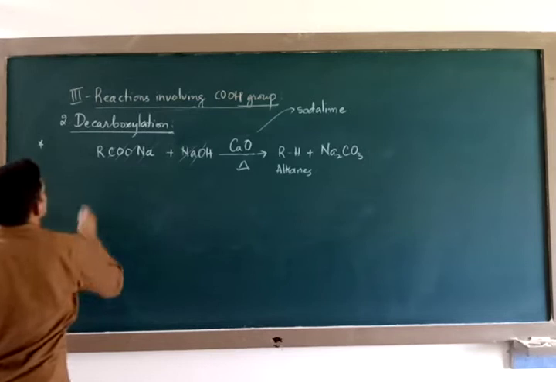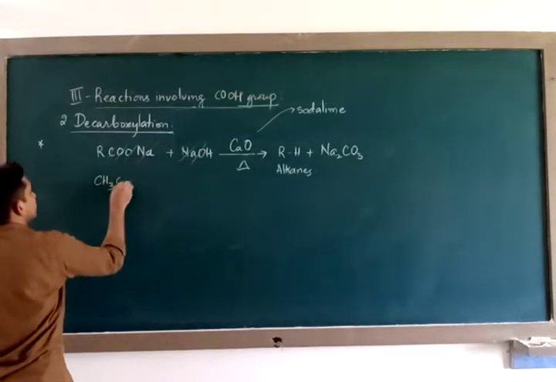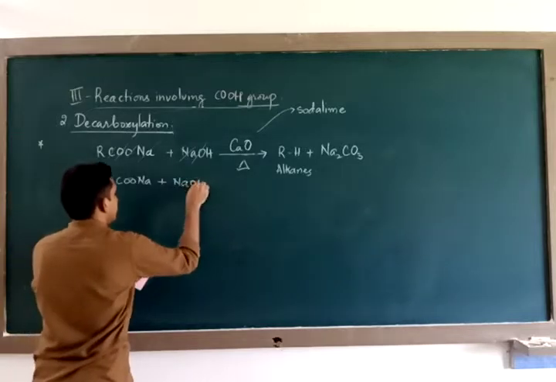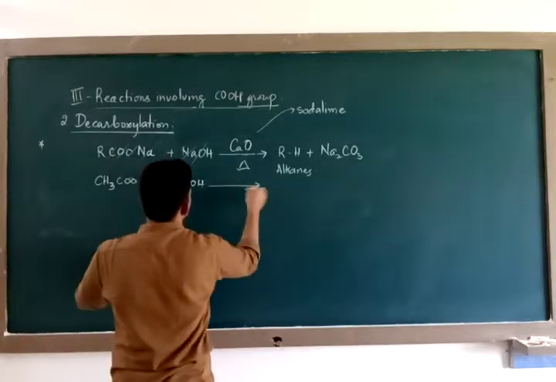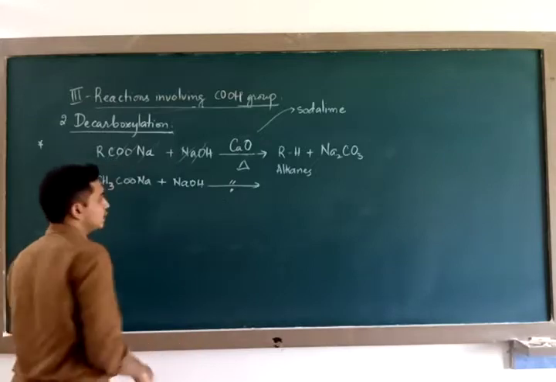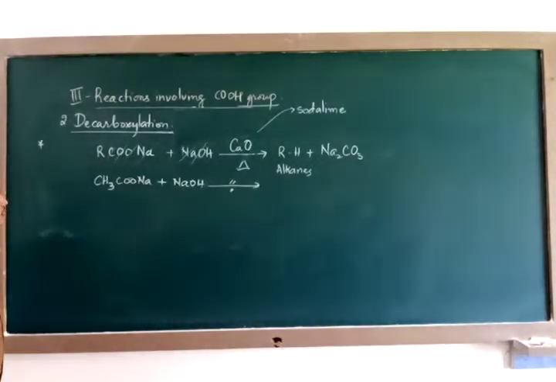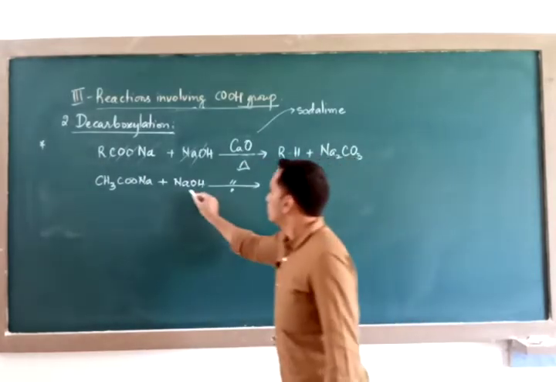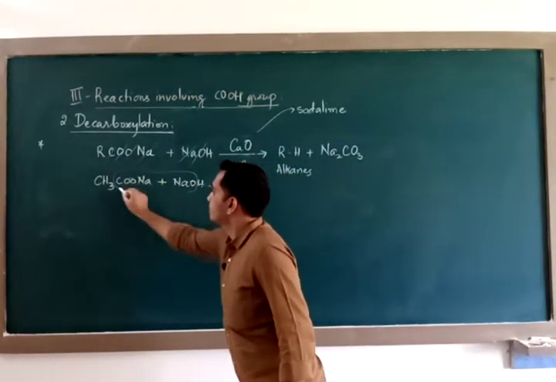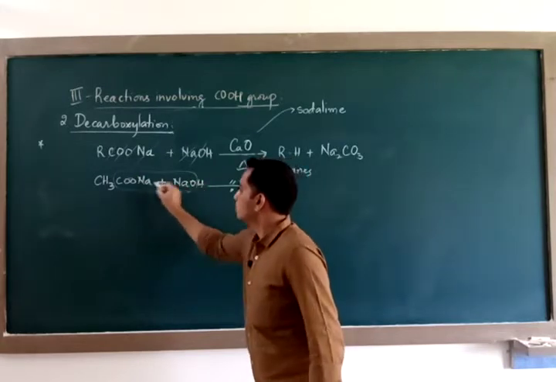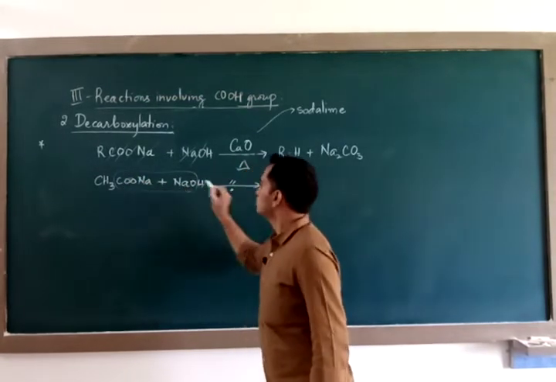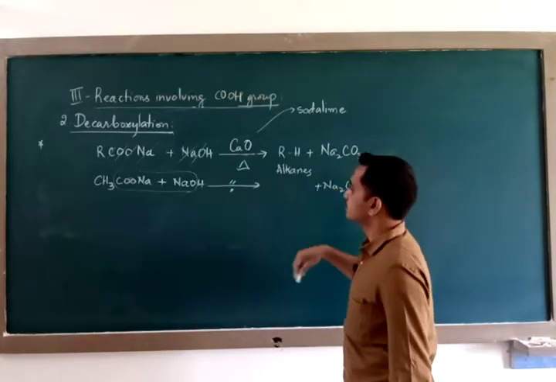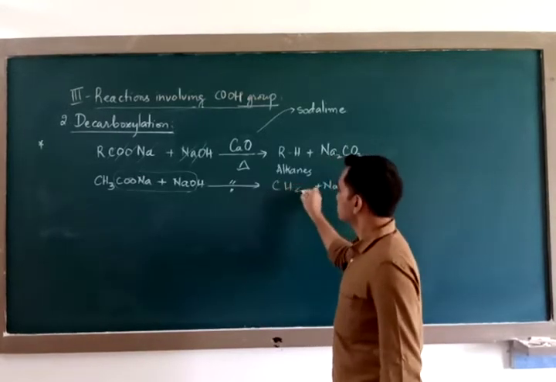Try the same reaction with sodium acetate. What product is obtained if sodium acetate is heated with soda lime? Eliminate this part as Na2CO3. Na2CO3 plus CH4.